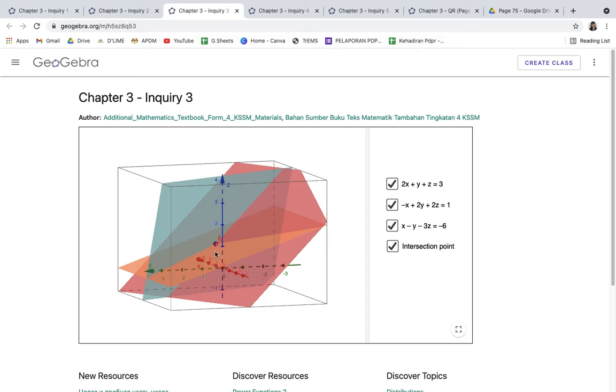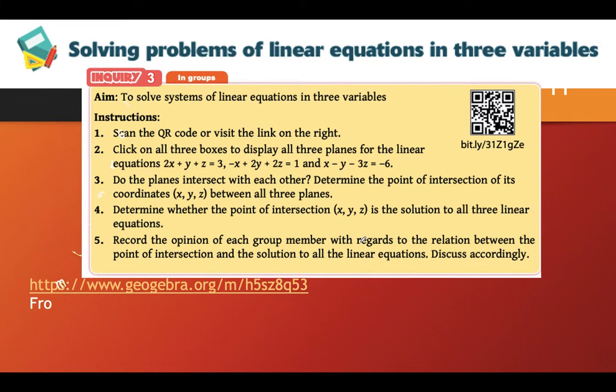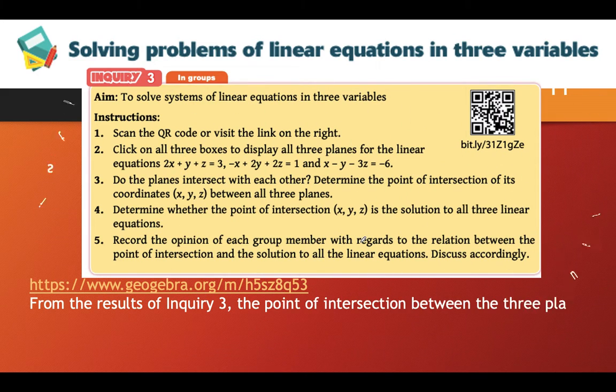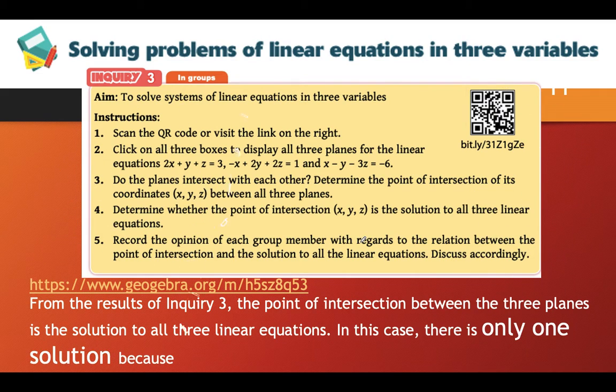So the answer is 1 point. Okay, so from the results of inquiry 3, the point of intersection between the 3 planes is the solution to all 3 linear equations. In this case, there is only one solution because the planes only intersect at one point.